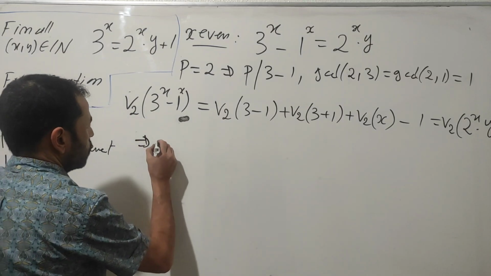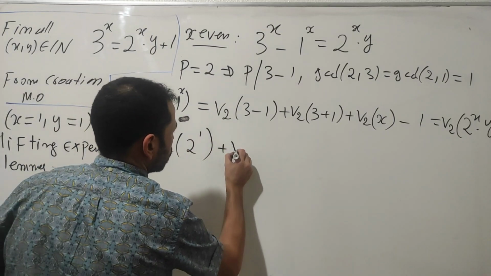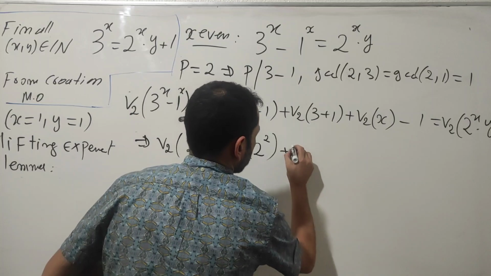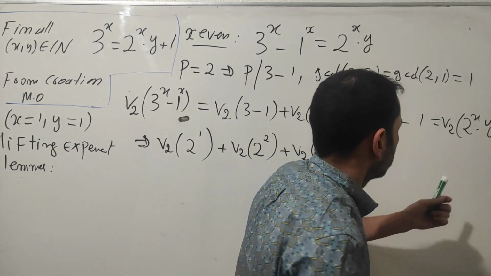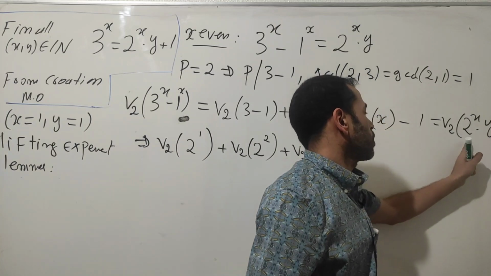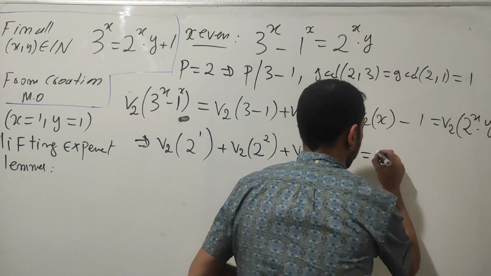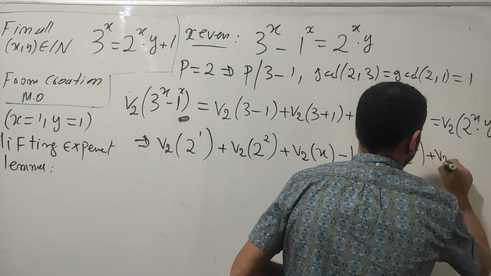So I get here v_2 of 2 to the 1, plus v_2 of 4, which becomes 2 to the 2, plus v_2 of 2x minus 1. I'm going to apply the rule of this one. By separating this one, the product equals the sum. So I get v_2 of 2 to the 2x plus v_2 of 2 to the y.